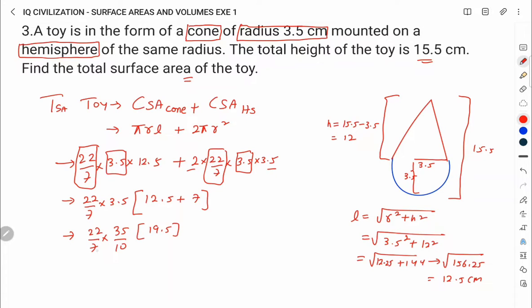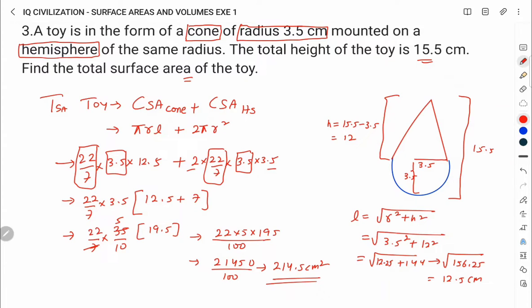So here 7 fives. Now 22 into 5 into 195 by 100. See how much we will get based on the calculation. The numerator calculation is 21450 by 100. So that is nothing but 214.5 cm square.